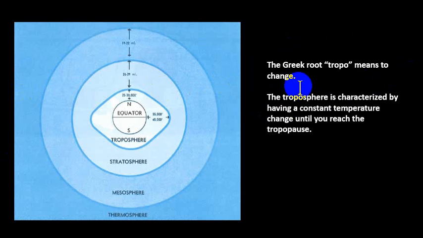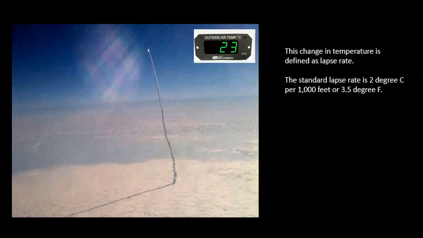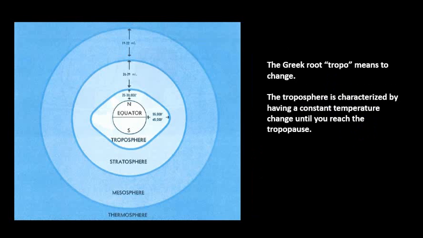Again, just to recap, in the troposphere, since we're talking about the weather changes, we're going to get a drop in temperature as we climb until we get to the tropopause. At the tropopause, this constant lapse rate stops. Now we still lose temperature, but not at 2 degrees Celsius per 1,000 feet, or 3.5 degrees Fahrenheit, whichever.